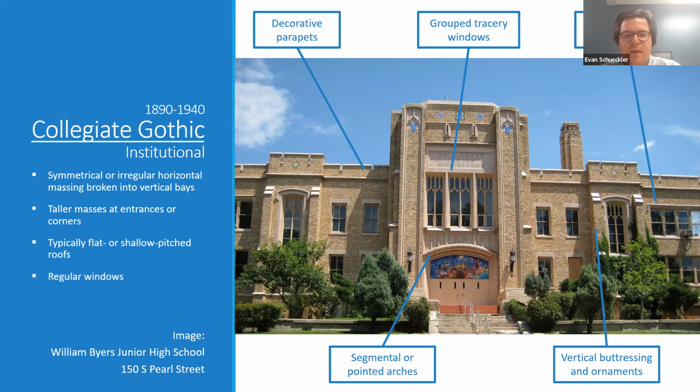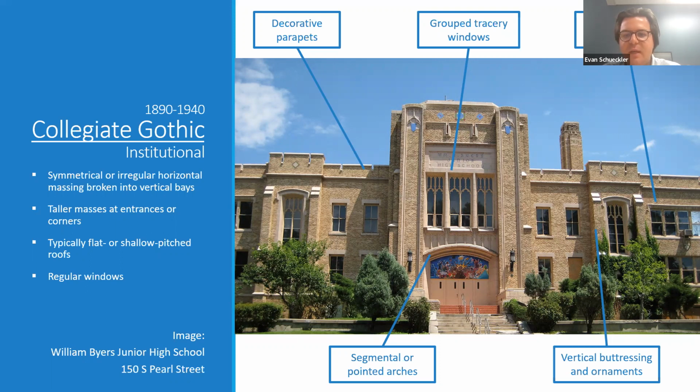And then again, related to this is the collegiate Gothic, which really historically developed in tandem with the Tudor style in England. And this is, again, a variation on that Gothic. There's much more of a horizontal emphasis in this sort of design, because you're seeing these often applied to academic buildings, thus the collegiate. This is William Byers Junior High School here in Denver, so not actually college, but you'll see these, of course, on all sorts of college campuses around the country.